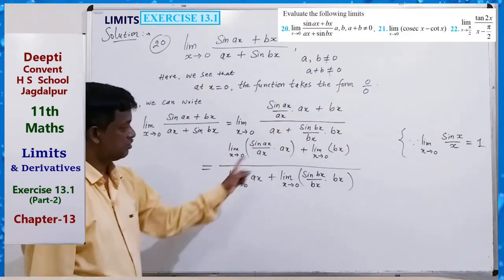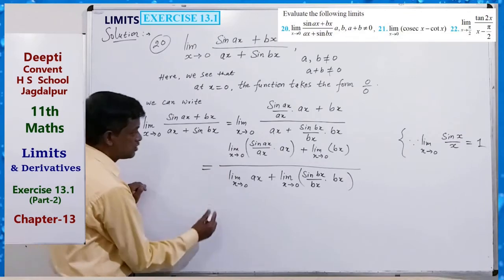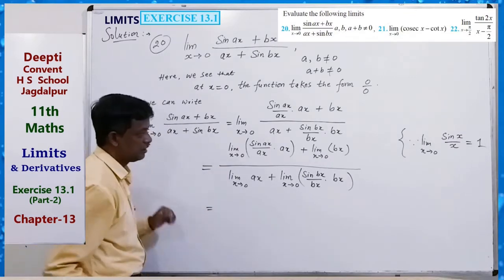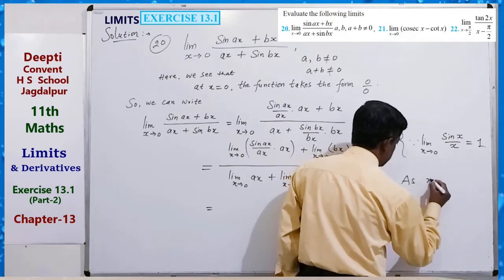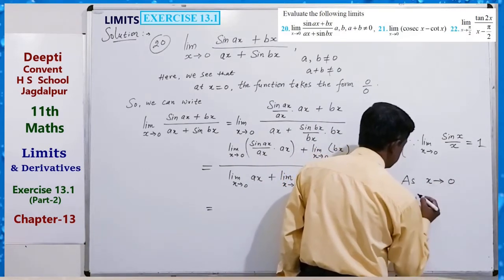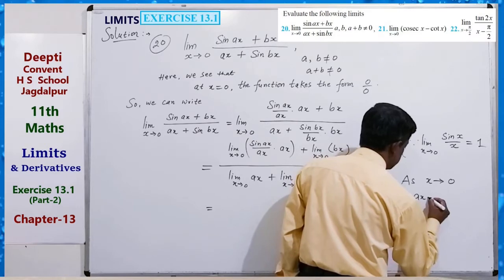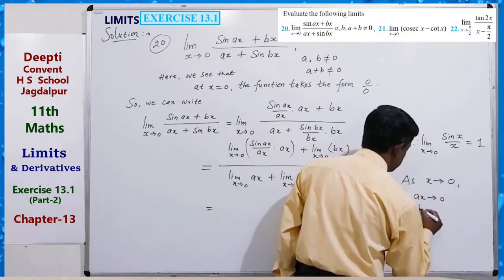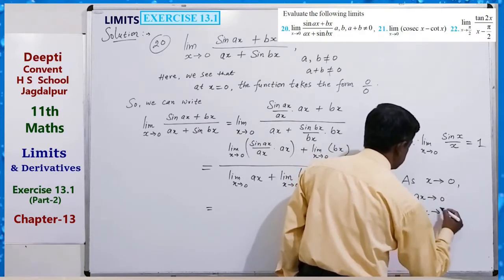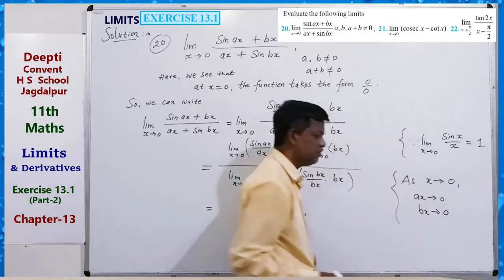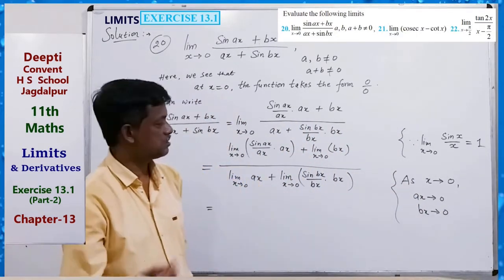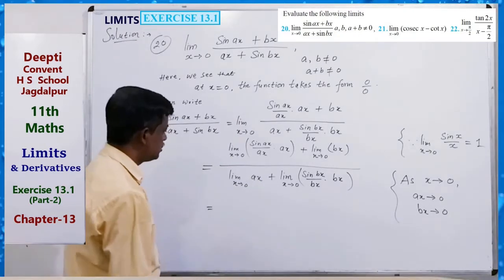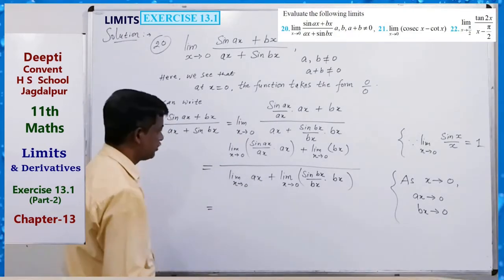Here as x tending to 0, ax also tends to 0 since a is constant, and bx also tends to 0.